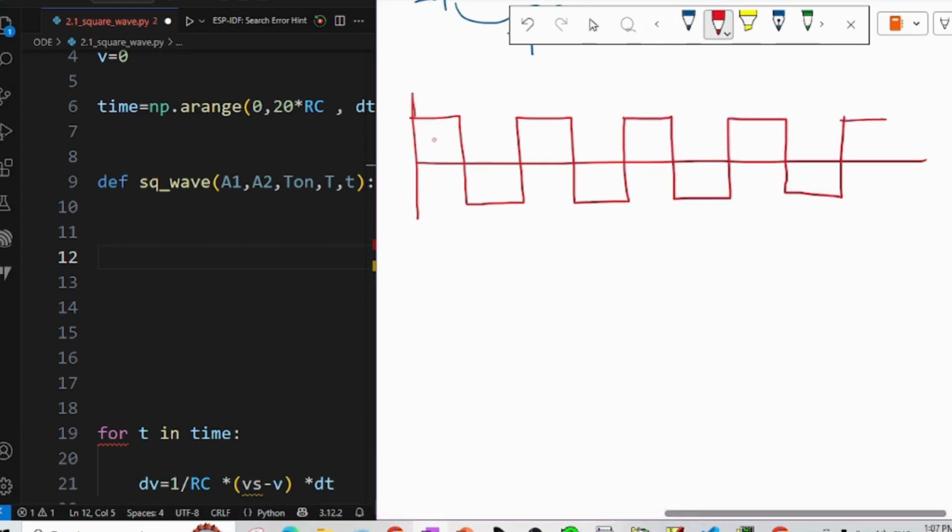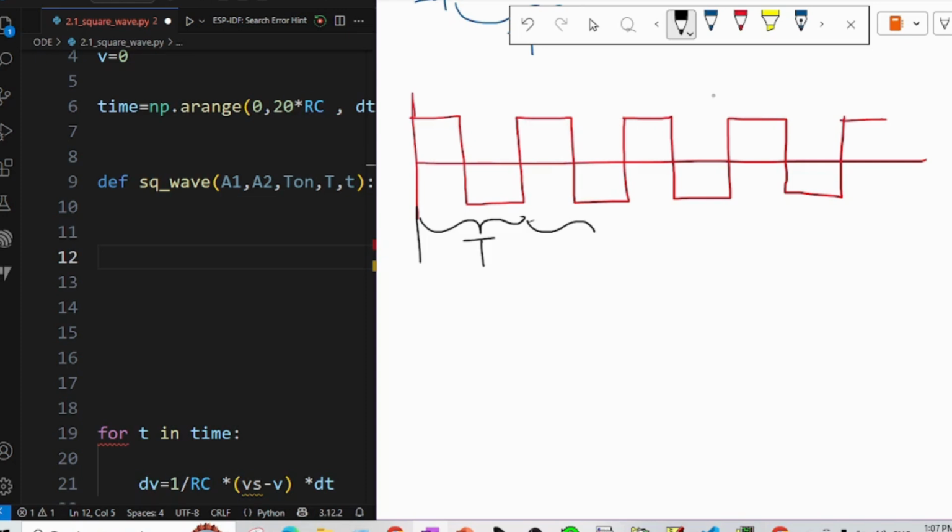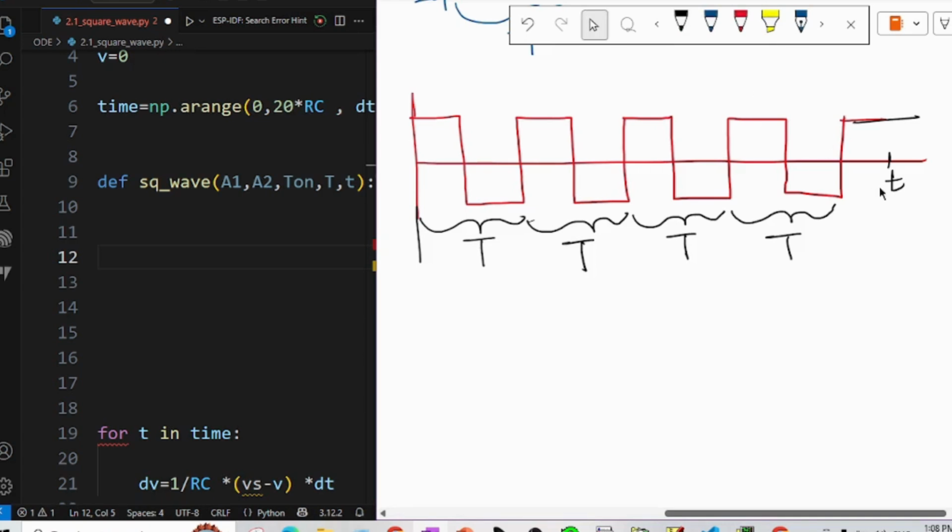Now this time is equal to total T, then this is also T, this time is also T, and this time is also T. Okay, and now you want to find the voltage at this time t. So we can easily say that at time t the voltage is equal to A1, but we have to code this. How will I find that at time t our voltage is A1?